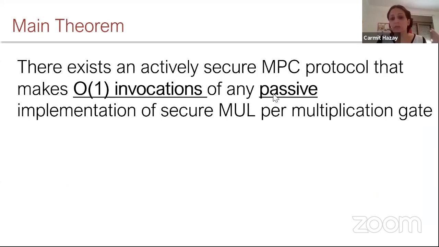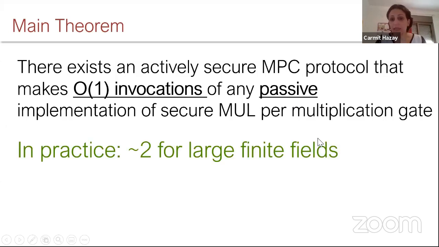So the constant number of calls to passive fmult per multiplication gate. So this is our main result. And in practice, this constant could be brought down even to 2 for large enough fields.